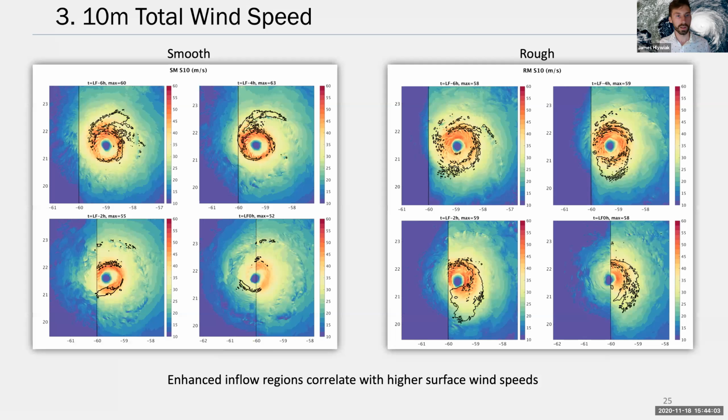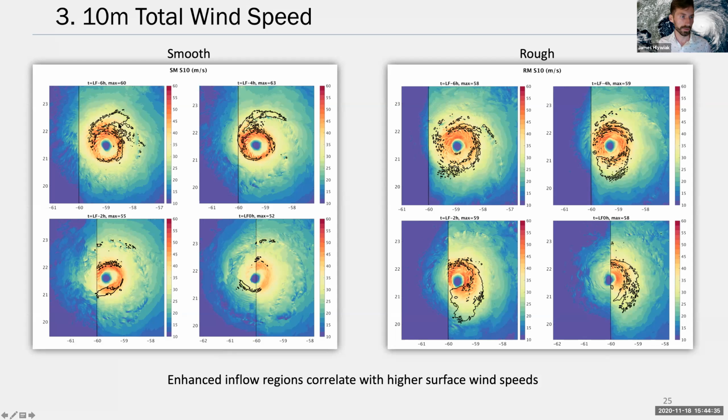So now I'm going to show contours of the 10-meter total wind speed. That's the contoured colors for the smooth cases at 6, 4, and 2 hours before landfall, and at landfall. And then for the rough cases at the same times to the right. These black contours are just enclosing regions where the inflow speed is greater than 20 meters per second, indicating significant inflow.